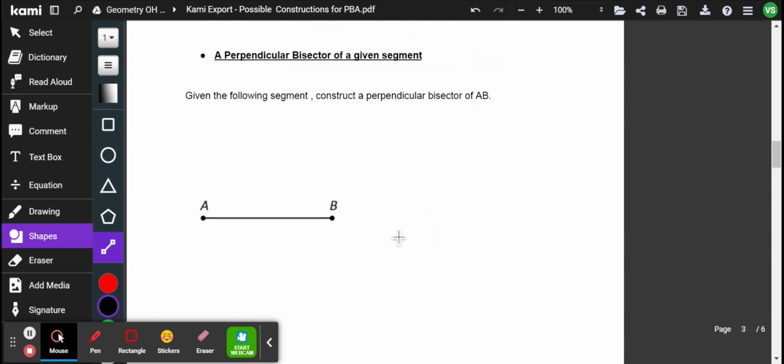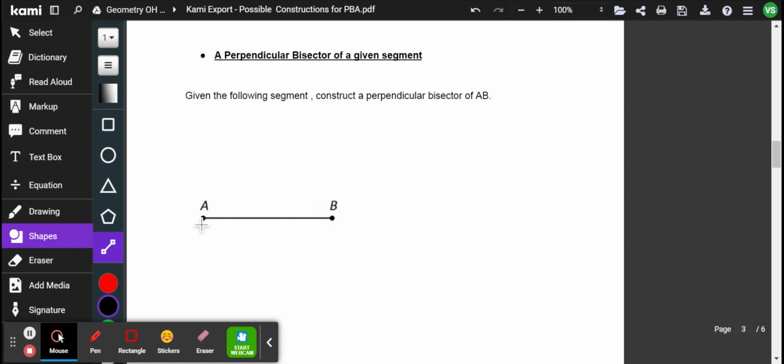Now, I'm still having people having trouble with creating a perpendicular bisector. A perpendicular bisector is a line drawn in the center here at points that are equidistant at all times from both A and B, right?